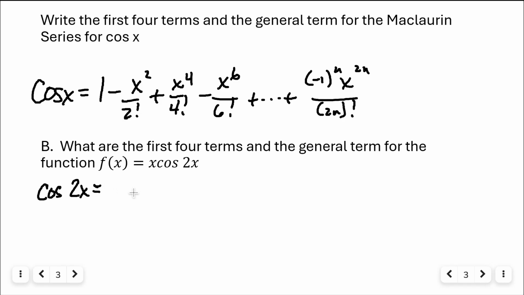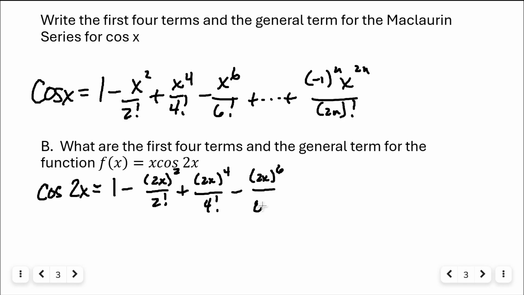So to write the series for cosine 2x, I'm going to have to substitute in for x, 2x. For every x, I'm putting in a 2x. Okay, so let's do that first. We'll do it for the general term as well. 2x to the 2n over 2n factorial.